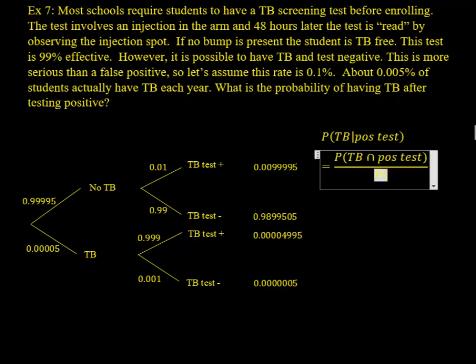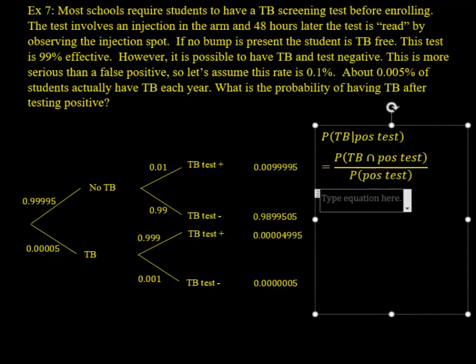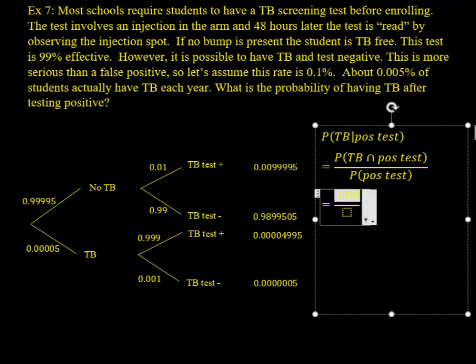So this equals TB and a positive test, 0.0004995, divided by the probability of no TB and a positive test, 0.0099995, plus the probability of TB and a positive test, 0.0004995.